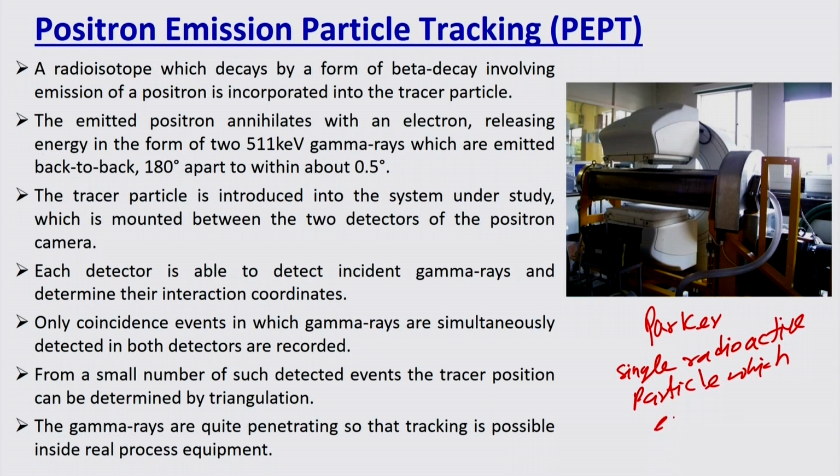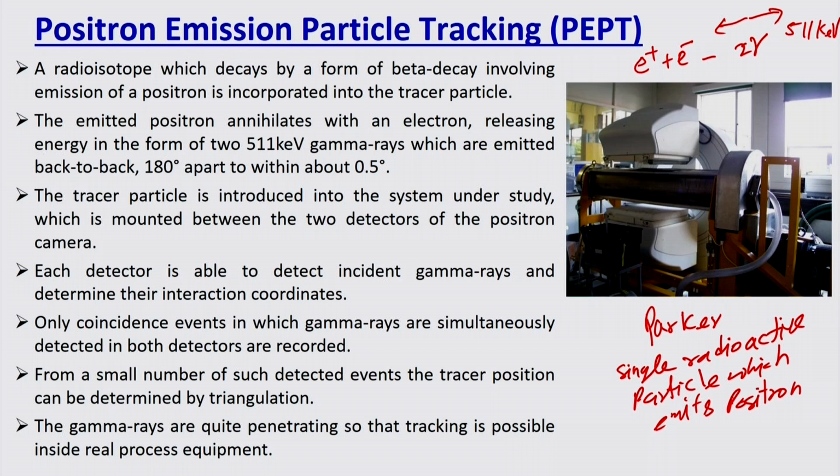So, it tracks the motion of a single radioactive particle which emits positrons. We know that once a positron annihilates with an electron, that is, if a beta plus annihilates with an electron, it generates two back to back gamma rays which move 180 degrees apart, and the energy of each gamma ray is 511 keV.